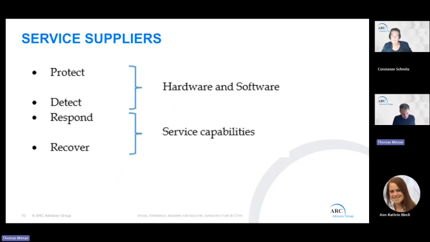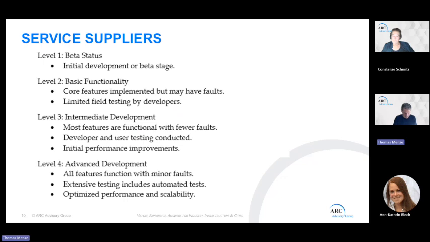We made it relatively simple because we used a proven in-use mapping, the NIST security framework. So we have simply used the protect, detect, respond, and recover approach to understand what kind of hardware and software and what kind of services are really available with the different suppliers. That was the first ranking aspect for the Champions Radar.